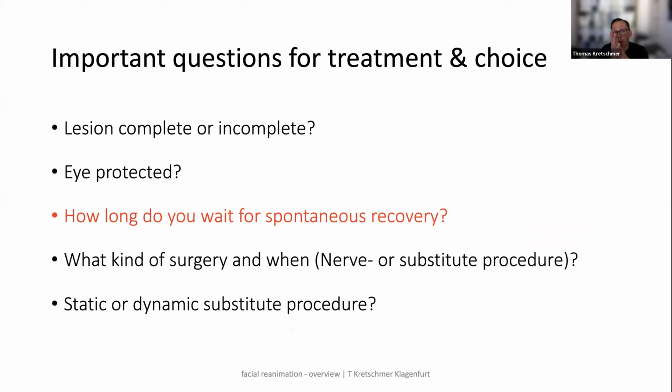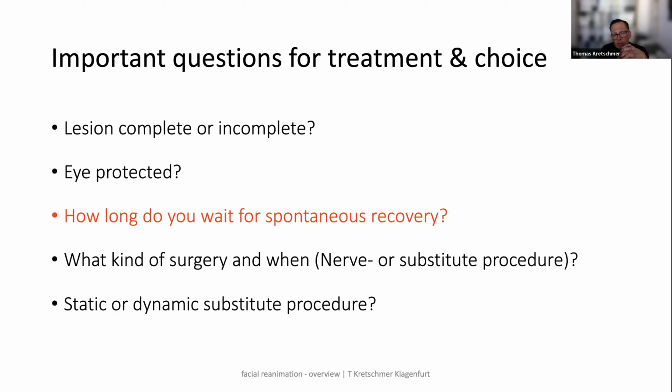And the important questions that you want to ask yourself before you begin your treatment or you make a choice is, do you talk about a complete lesion or an incomplete lesion? Something that is frequently forgotten by neurosurgeons is very simple to answer. Is the eye protected to not risk an ulceration of your cornea?